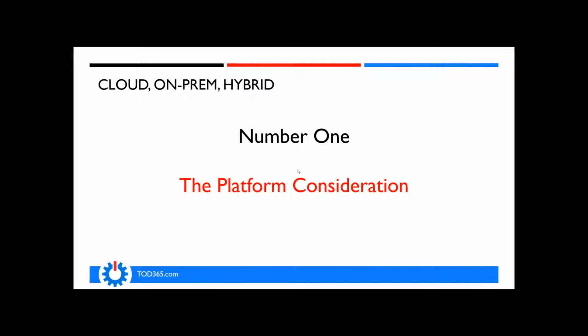Now, on a more serious note, this hybrid platform, and what that means is that you're not all in the cloud and you're not all on premise. The best way to explain that is if you're, for example, a retail store with point of sale, or you have data collection devices in your warehouse or on your shop floor.